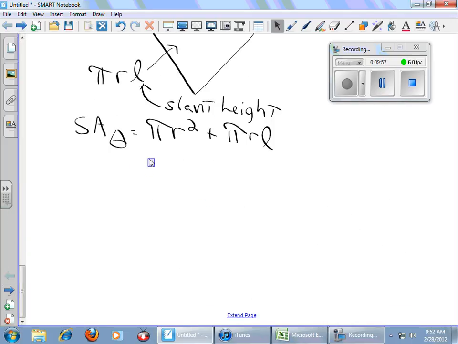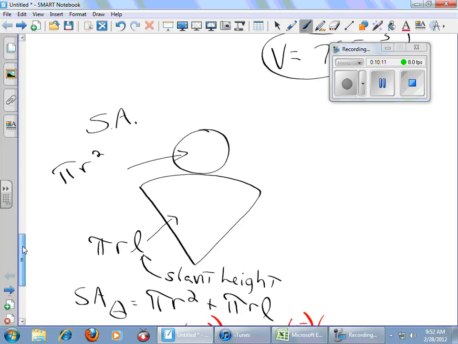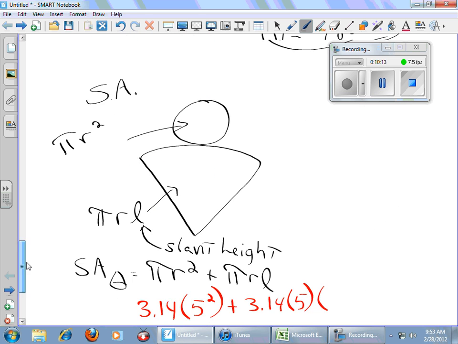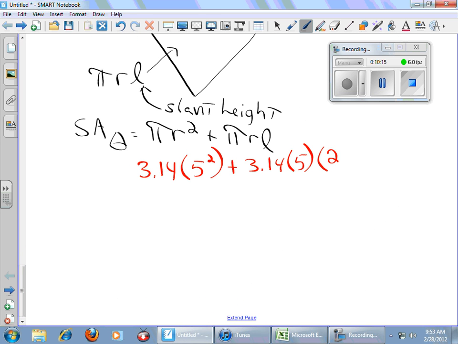So I'm going to have 3.14 times 5 squared plus 3.14 times 5 times the slant height, which I used Pythagoras to find, which was 29 and 58 hundredths.